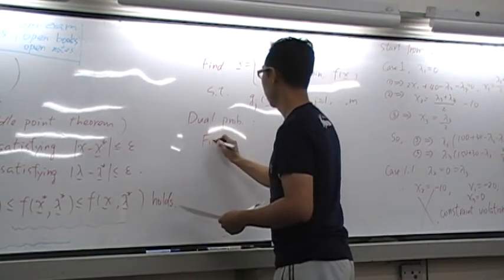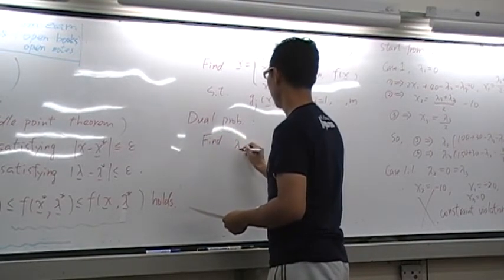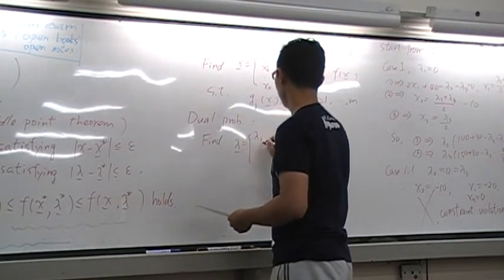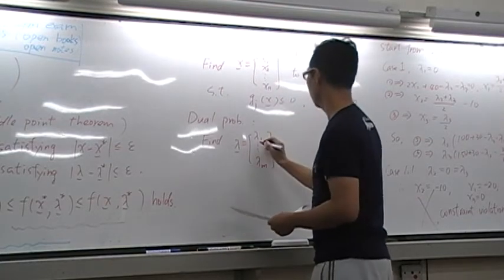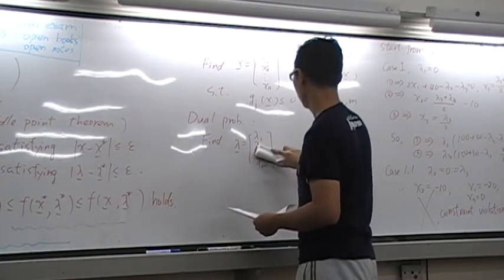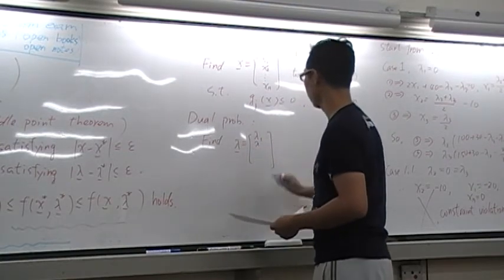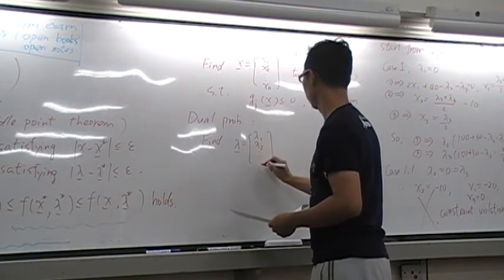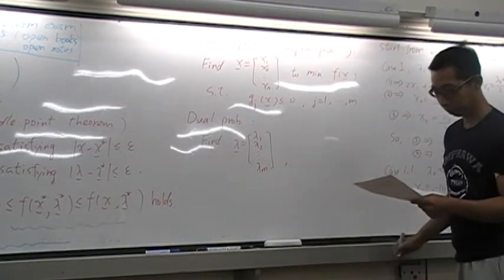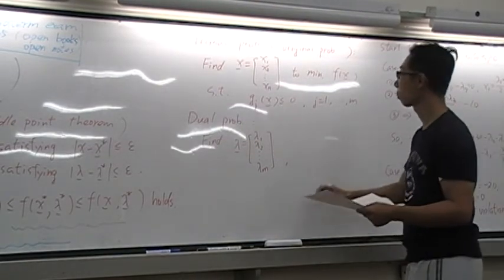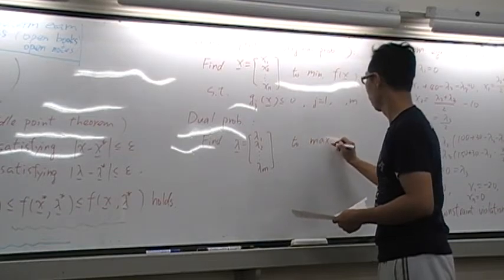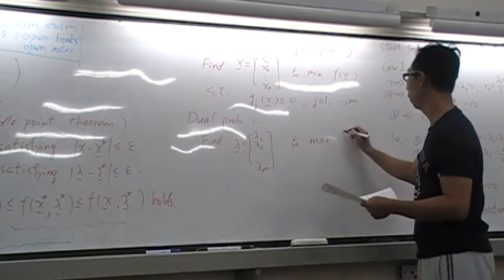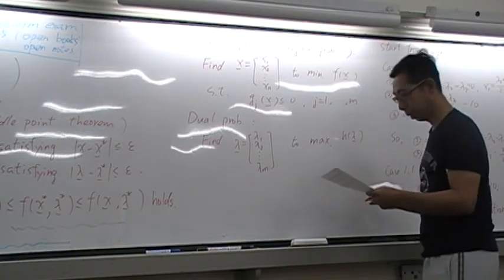We want to find a set of variables lambda, from lambda 1, lambda 2, up to lambda m, to maximize the function h of lambda.